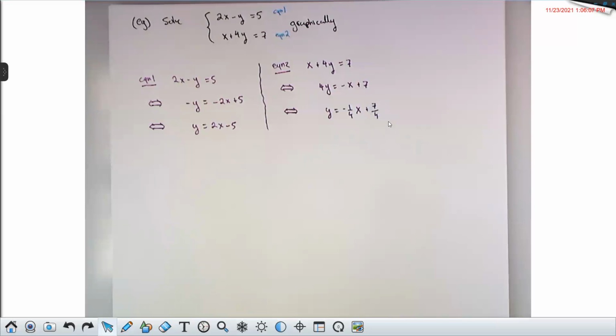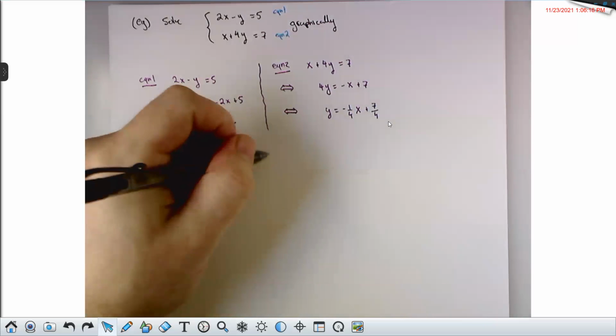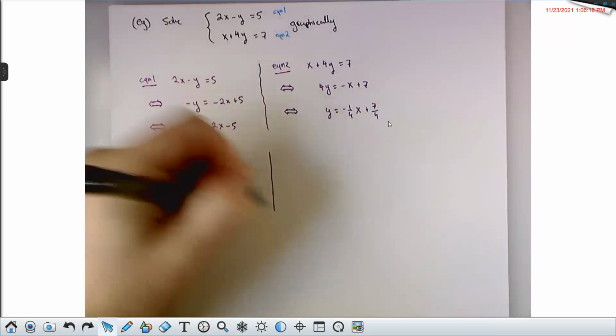So I can sketch each of these graphs. Just so I can have my colors here, I'm going to do the coordinate axes in black.